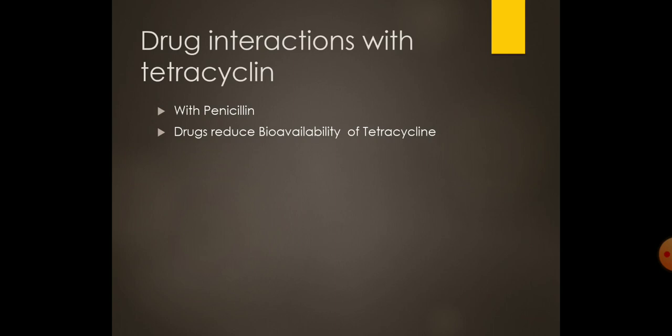This group of drugs should be avoided in pregnancy and in children. The reason behind this is that in pregnancy it may cause fetal hepatotoxicity as well as affect the growth of teeth and bones in the fetus. In children, it will chelate calcium, forming a tetracycline orthophosphate complex deposited in areas of calcification in bones and teeth.